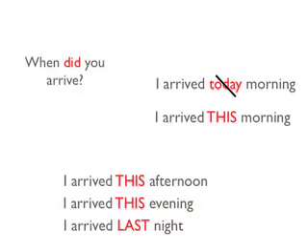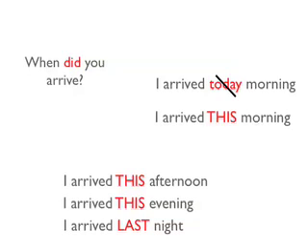I arrived today morning. Wrong. I arrived this morning, or yesterday morning. I arrived this afternoon, or yesterday afternoon. I arrived this evening, or yesterday evening. I arrived last night.